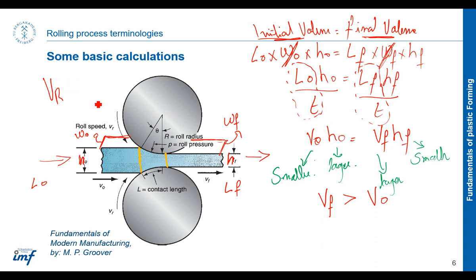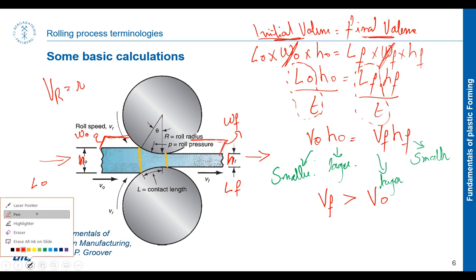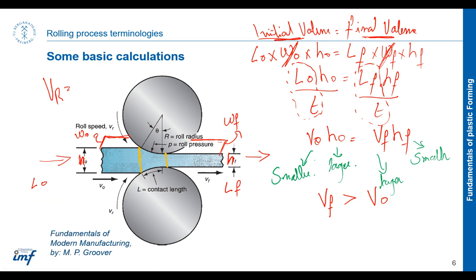So this is velocity of the roller is equal to radius of the roller, here we call it capital R, times omega R. So the angular velocity multiplied by radius of the roller is Vr, and this velocity is fixed.